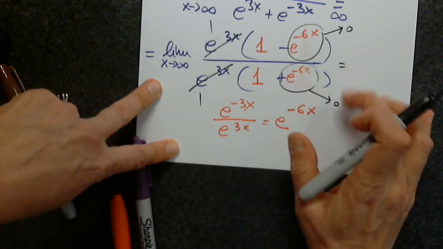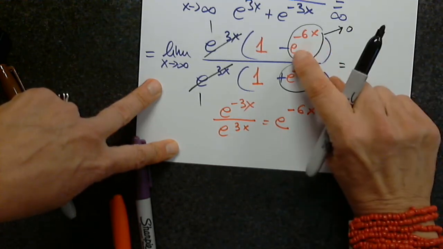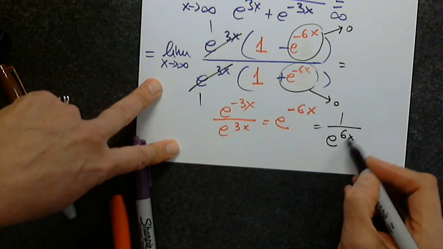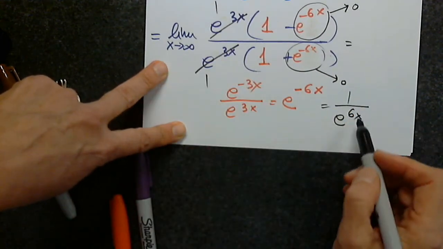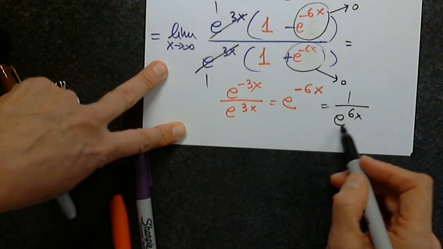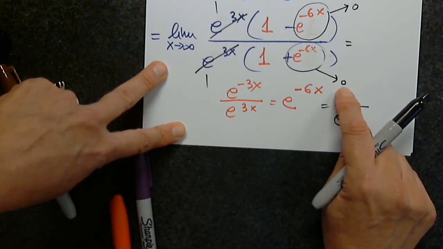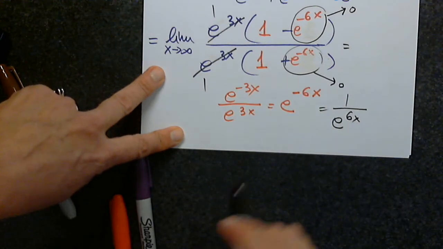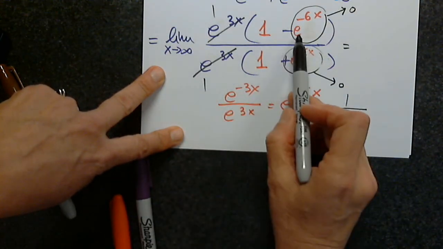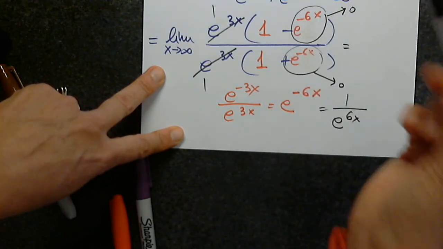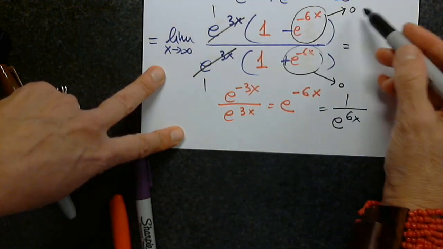Is this clear why it's approaching 0? Because e to negative 6x is 1 over e to 6x. As x approaches infinity, this becomes infinity, and 1 over infinity approaches 0. So when x approaches infinity, e to negative infinity is 1 over infinity, which approaches 0.